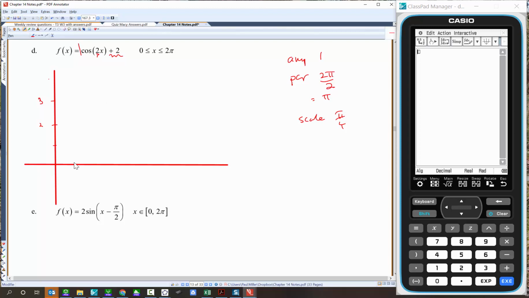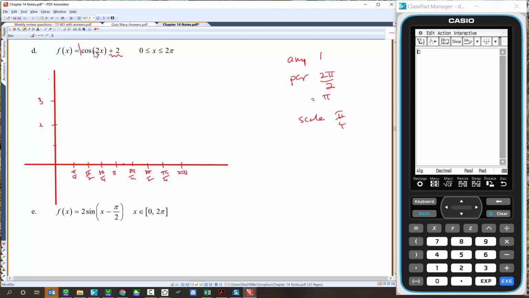Okay, let's mark in our scale. So it's got pi on 4, 2 pi on 4, which is pi on 2, 3 pi on 4, 4 pi on 4, which is pi, 5 pi on 4, 6 pi on 4, which is 3 pi on 2, 7 pi on 4, almost there, and 2 pi.